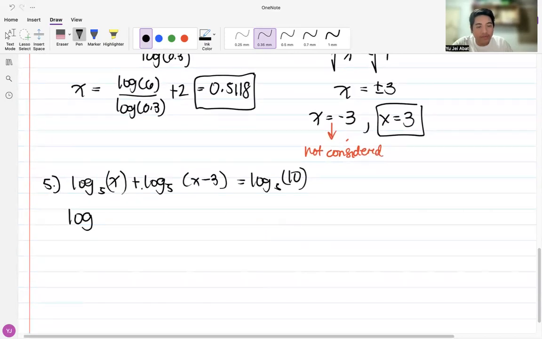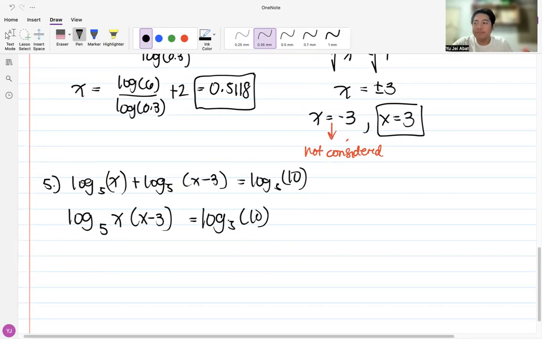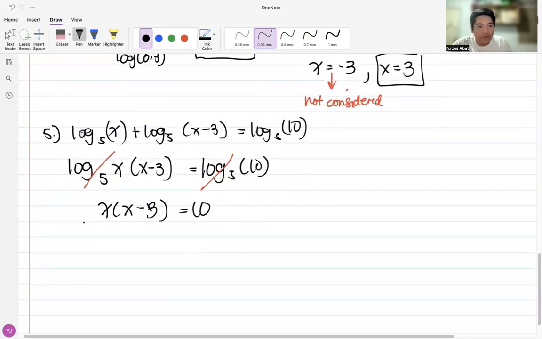So whatever is the inside function, we have x times (x minus 3), and then log of 10 with base 5. As you can see, we have this type of logarithm, and again this will cancel because they have the same base. So it's as if we have x times (x minus 3) equals 10, that we will solve. So we have x squared minus 3x equals 10.